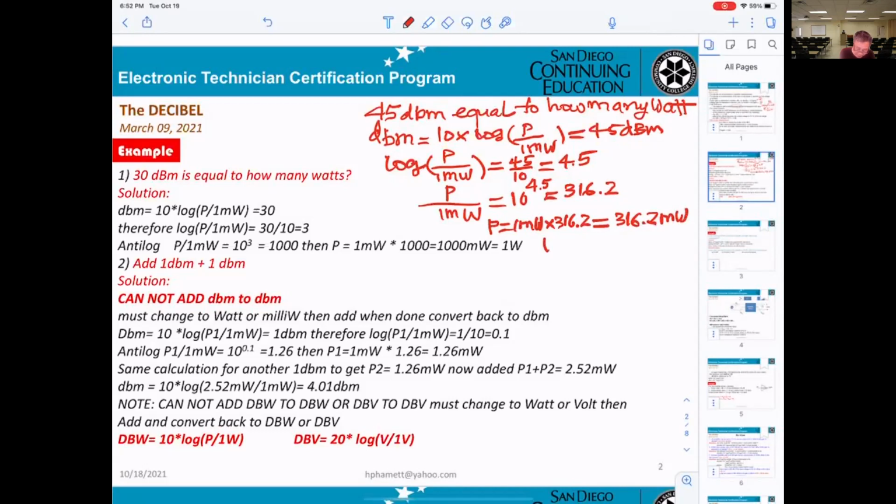You want it to be in watts, so divide by 1,000. You get 0.316 watt. Is it right or wrong? You should get 3162, right? Is that what somebody else got?